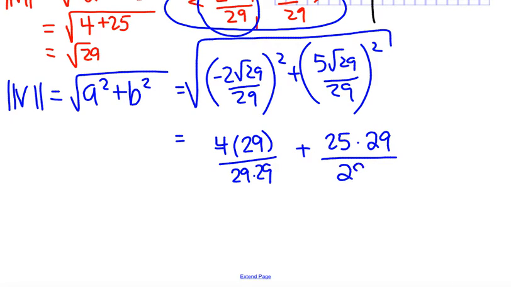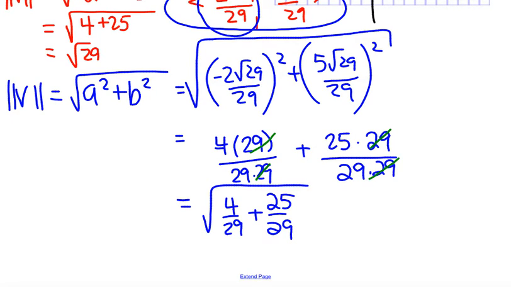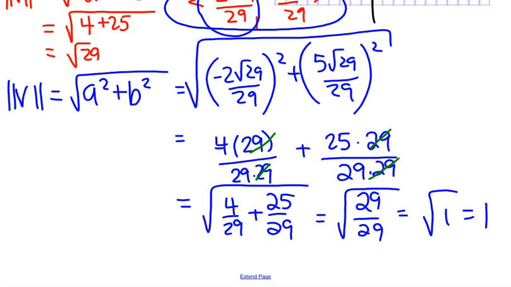And then 29 times 29. All right, you'll notice these 29s will cancel, these 29s will cancel. We're left with 4 over 29 plus 25 over 29, square root, add the fraction, 29 29ths, which is 1, square root of 1 is 1.